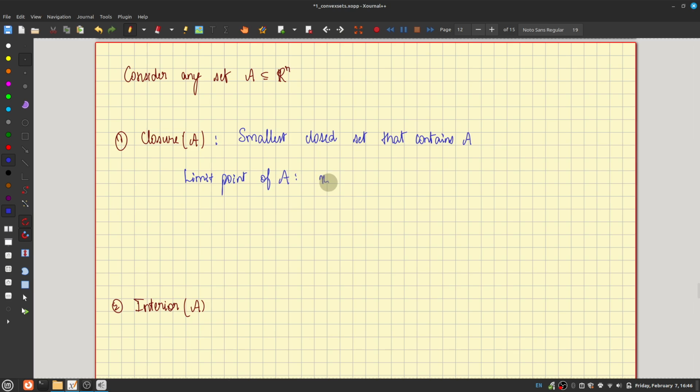So some x naught is said to be a limit point.